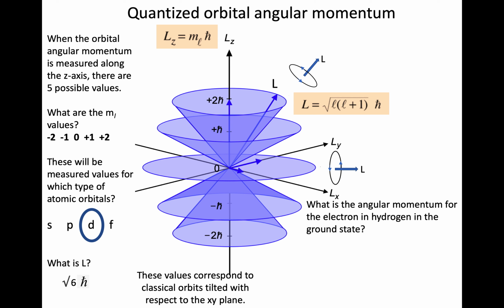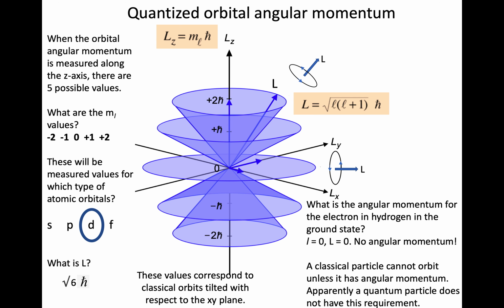Well, that's a 1s atomic orbital. L equals 0. If we plug 0 into our expression right here, we'd see that it has no angular momentum. That's back to Knight's description that a classical particle cannot orbit unless it has angular momentum. But apparently a quantum particle does not have this requirement.